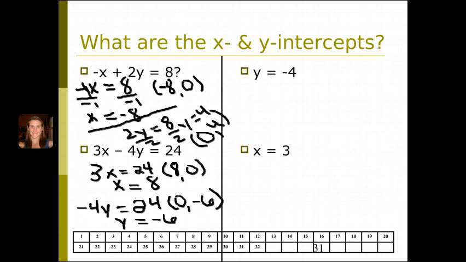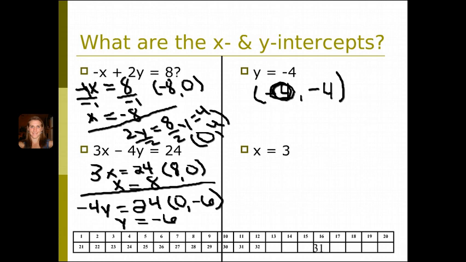Now, this one is a special case because it only has a y. So my y-intercept is negative 4. I'm sorry, it is (0, -4). Since it is a y, that is my intercept, and then my x is 0.